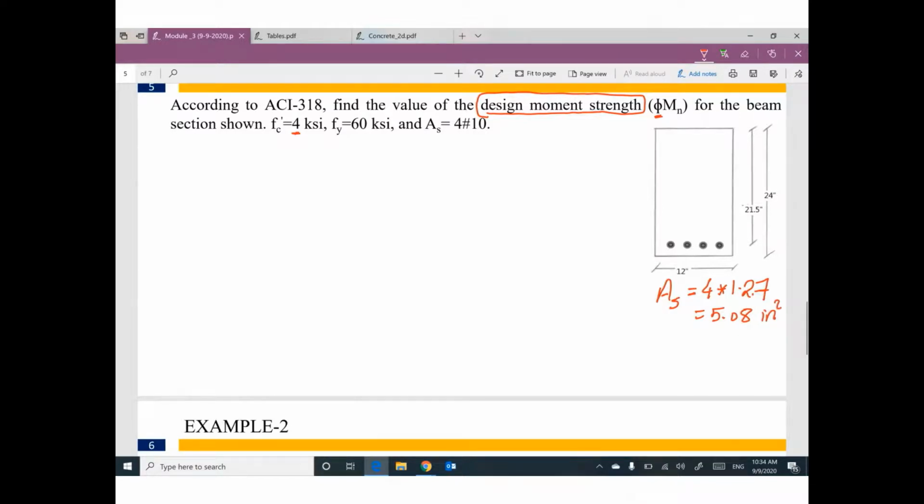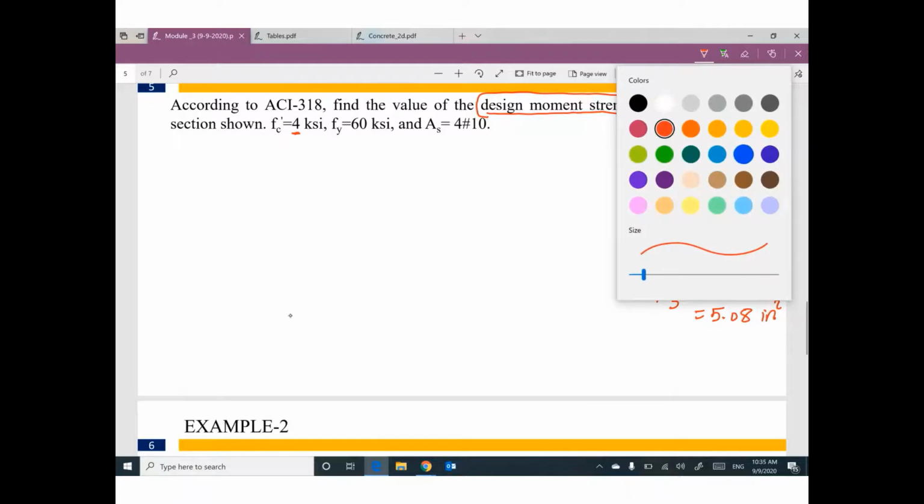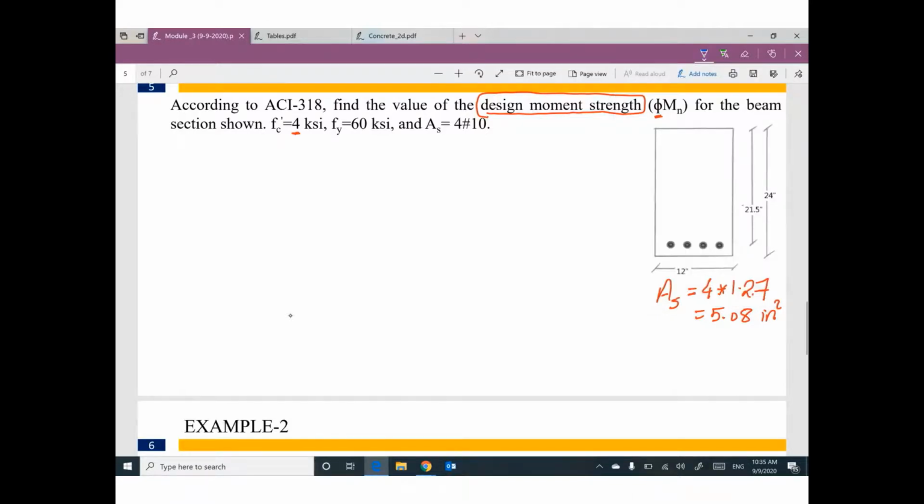I would like to remember my calculation with a story. We have the neutral axis. On this side we have compression, and on this side we have tension. If I draw the strain distribution, it looks like this, a linear relationship.